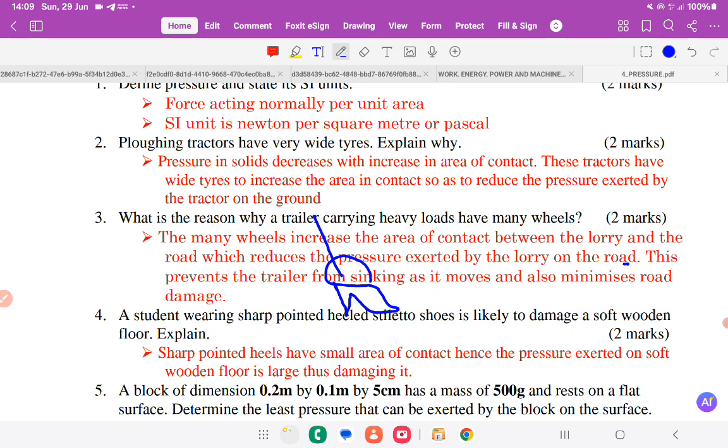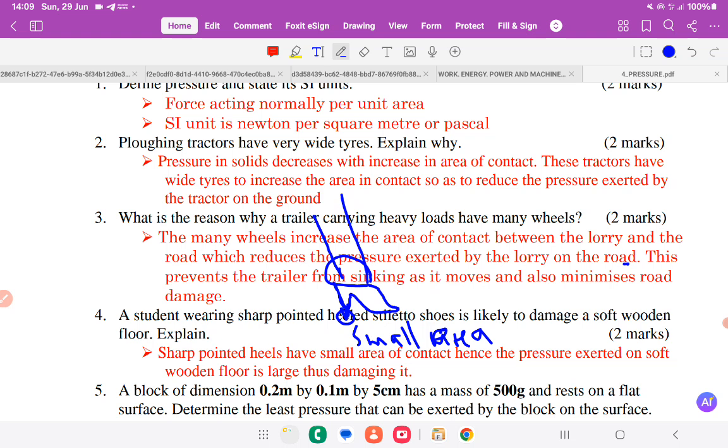This is a girl's leg, right? Okay, so we are looking at this point here, and how sharp it is, right? This sharp pointed shoe is going to exert on a very small area, very small area. Okay, it's going to act on a very, very small area.